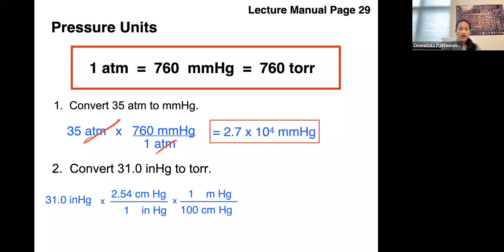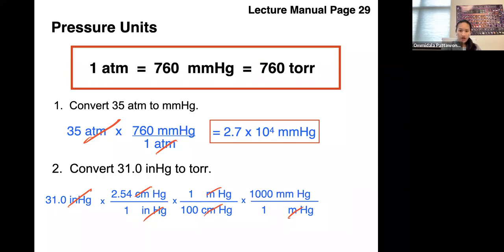Because we have meters now, we can convert to millimeters: there are 1,000 millimeters in 1 meter. If you do this, you should be able to cancel inches, centimeters, and meters.